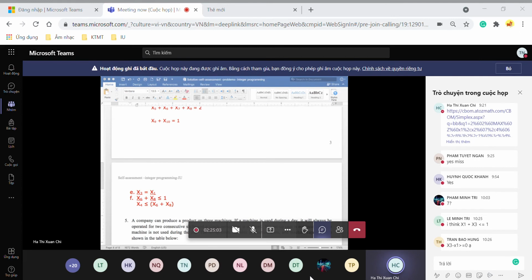If x1 equals 1, here equals 1. But if x1 equals 0, x3 would still equal 1 because 1 minus 0 is greater than 0. So I think your case is not satisfied for both. Here it should be x1 equals 1, x3 equals 1, and x1 equals 0, x3 equals 0.